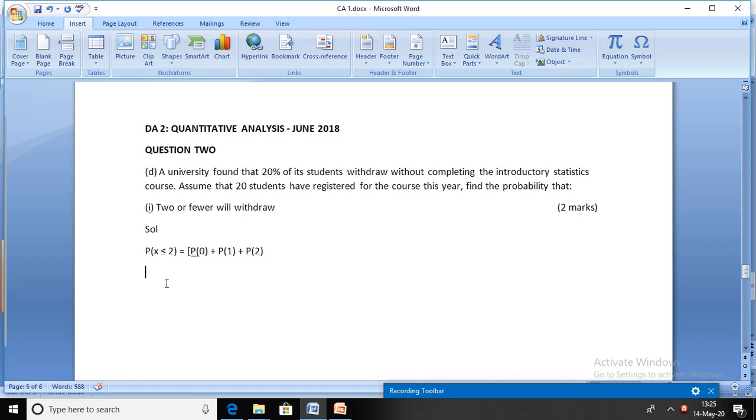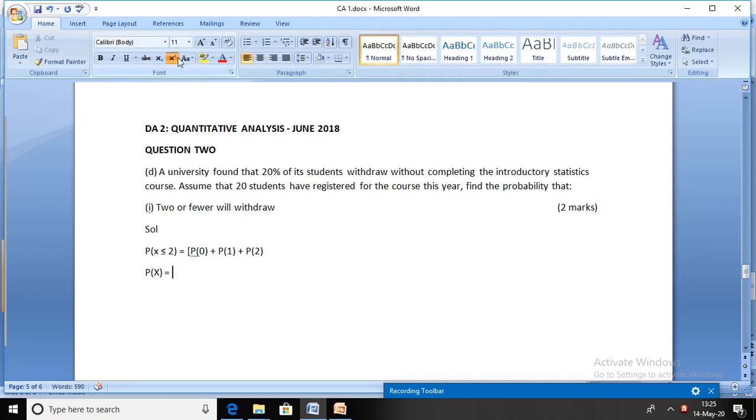Binomial probability formula. The binomial probability formula is: probability of x is equal to n combination x, multiplied by the probability of success to the power x, multiplied by the probability of failure to the power n minus x.